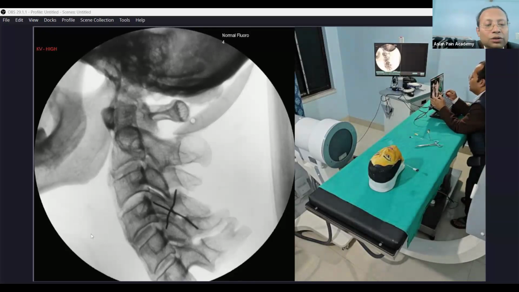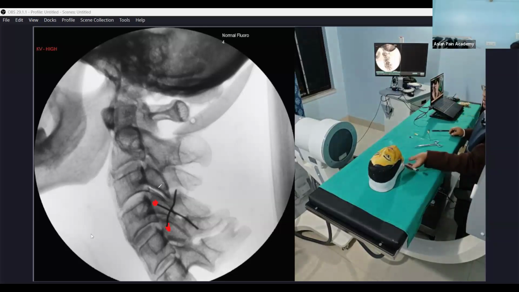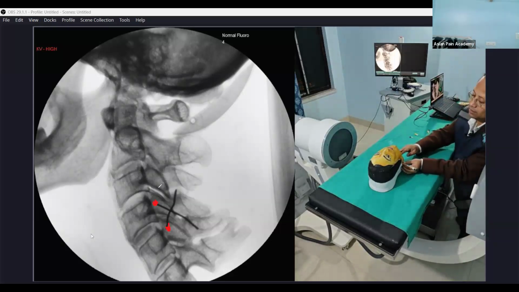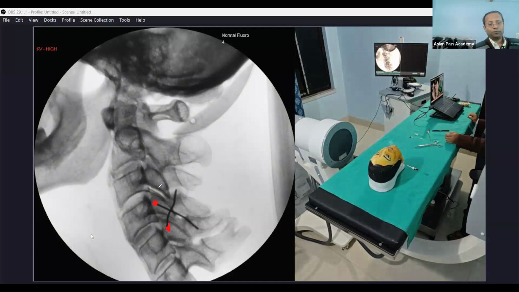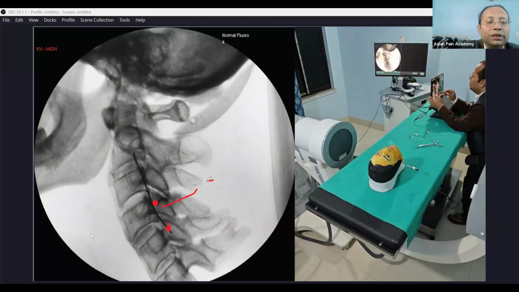So here also the tip is here. This is also over the pillar. Both the needles are not in a tunnel view, but the tip is touching the correct position. So this is okay. Here this one was C4, this one was C5.